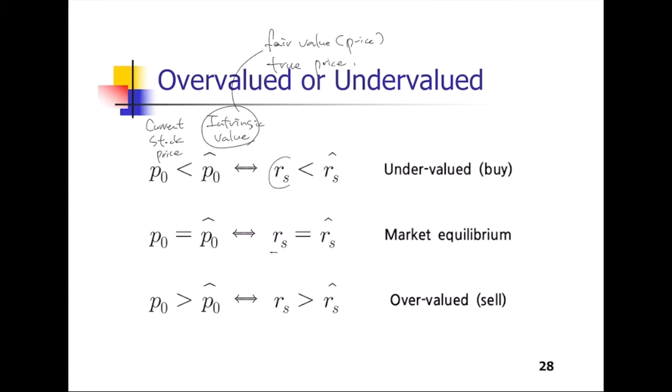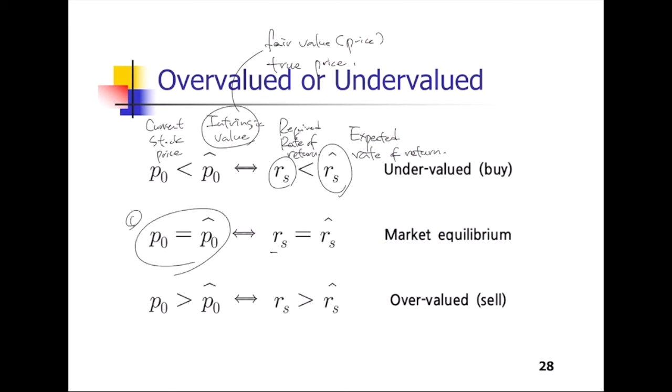And RS means what? Required rate of return. And RS hat means what? Expected rate of return. So if the current stock price is the same as intrinsic value, and the second condition is that the required rate of return is the same as the expected rate of return, we call it market equilibrium.